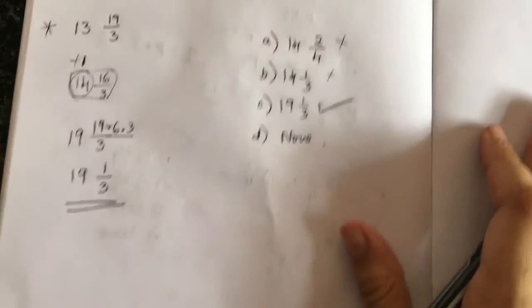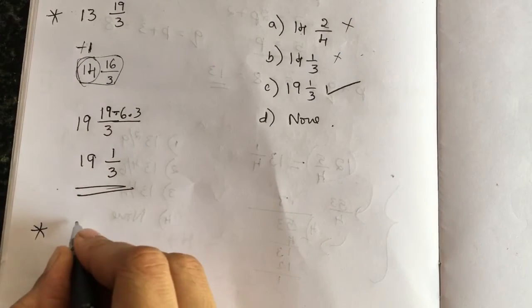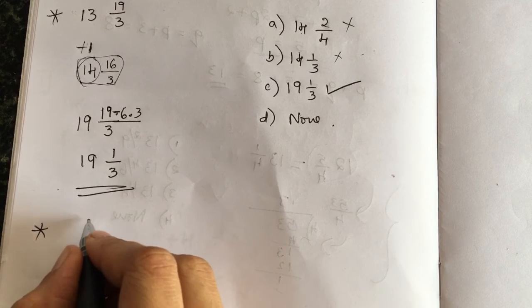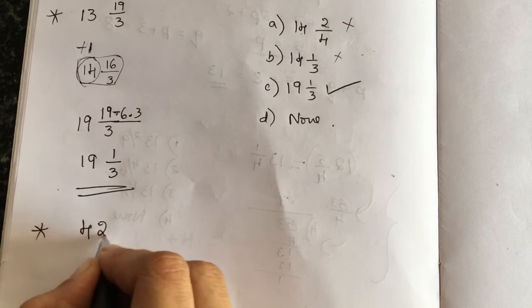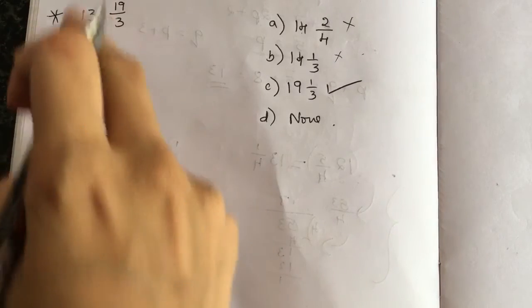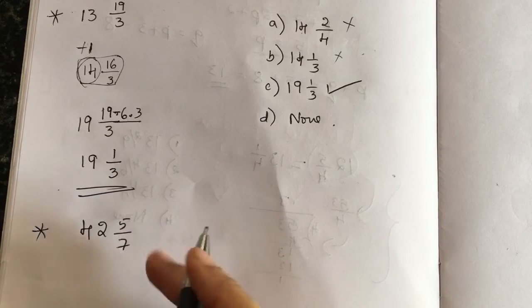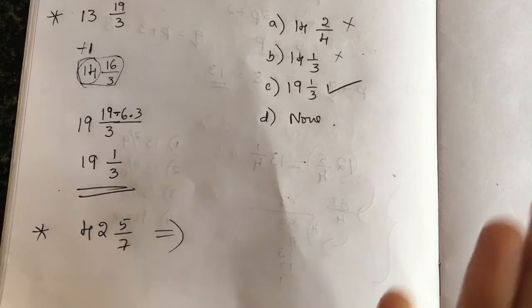Now directly, if I give you a number, say suppose you have 42 5 by 7. You can even do the subtraction also if you want to write this in terms of 41 something.